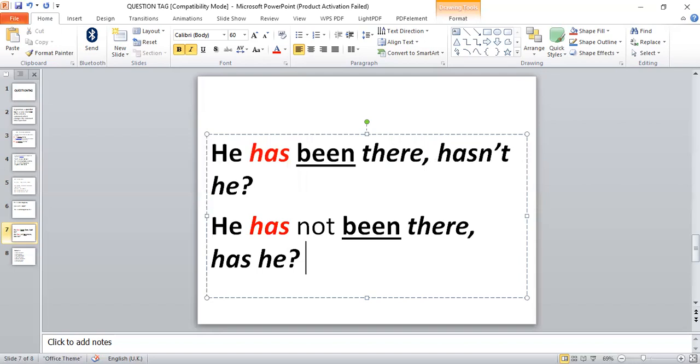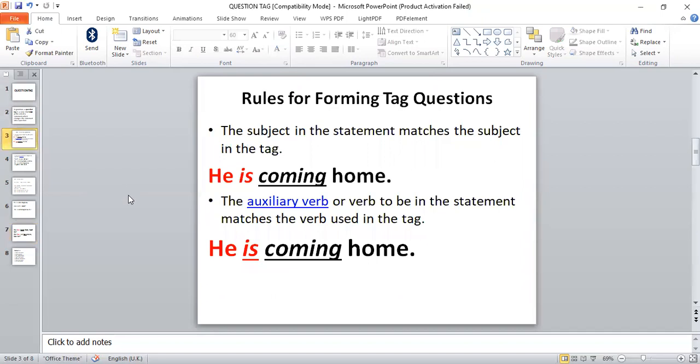Because of our time, I'll just rush through what we have done in some minutes past so that I can give us our assignment and then we can work on that. So don't forget, the rule states that the subject in the statement must be the subject in the tag. The auxiliary verb you have used in the statement is the only verb that you use in the tag.